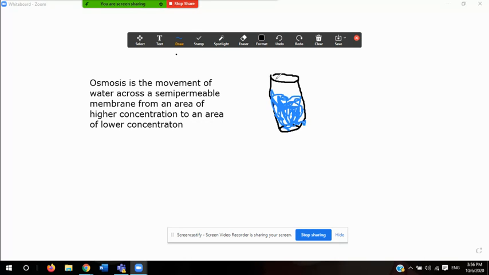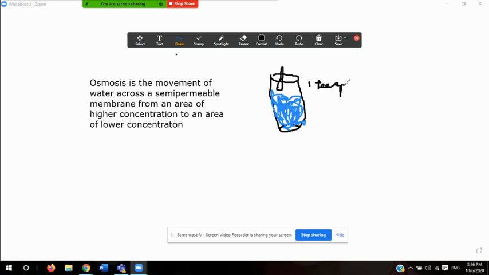So let's say I put salt in this water, 1 teaspoon of salt. See if I can draw a spoon. Okay, that's my version of a spoon. So 1 teaspoon of salt in a glass of water still means that there's going to be more water than salt in this cup.